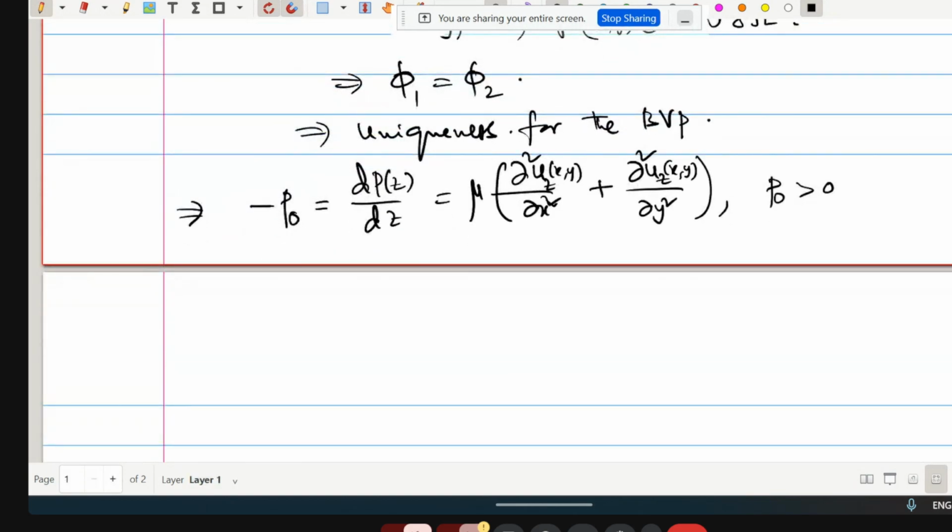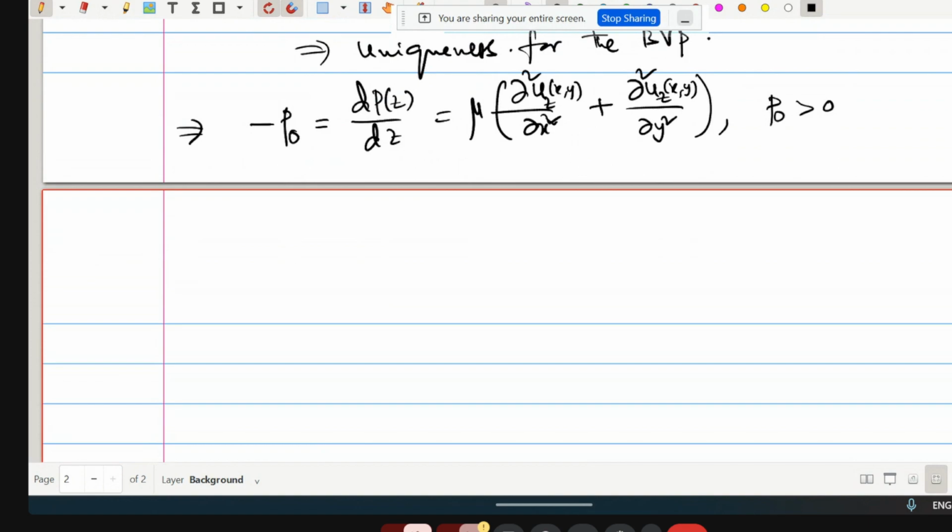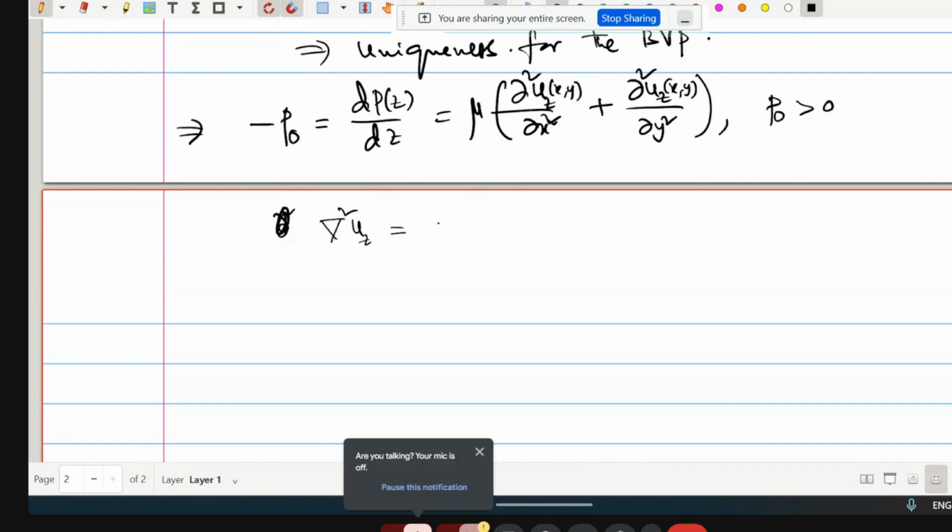Now consider this equation. What is its solution? I'll simply write it as del square u_z equals minus P naught by mu inside the domain.